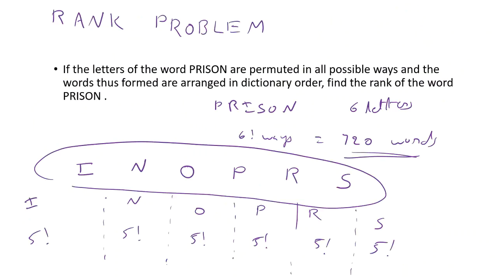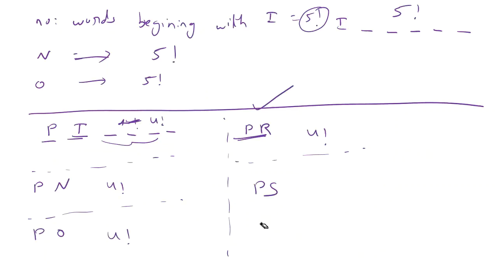first, we have to see in which page this word PRISON is there. It is going to be in the 4th page. So I have to count how many words are there before this page. There are 3 pages, and in each page we have 5 factorial words. After coming into this page which starts with P, I will divide this page starting with P into further divisions.